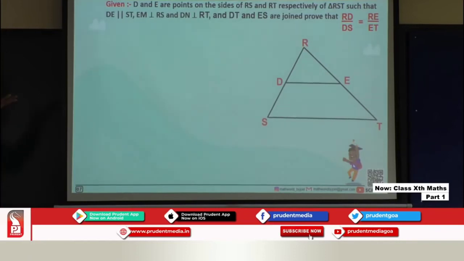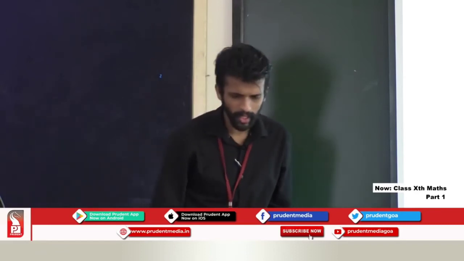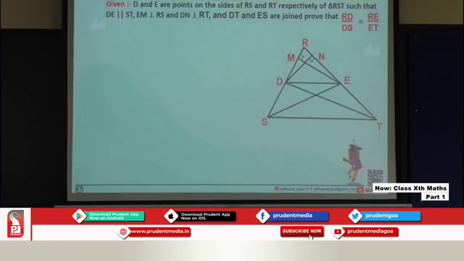The point M is not shown over there, so let's draw that point M. So I have EM perpendicular to RS, DN perpendicular to RT, and DT and ES are joined together. Now this would become something like this.